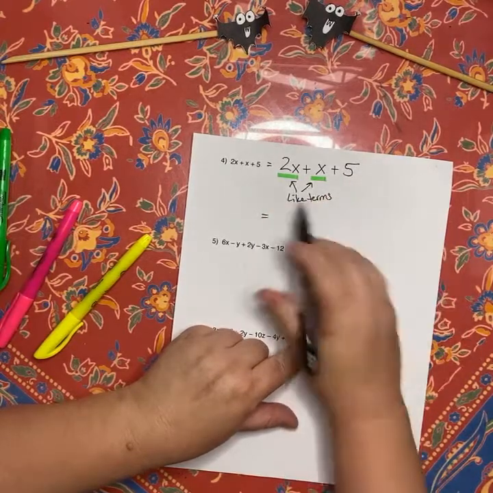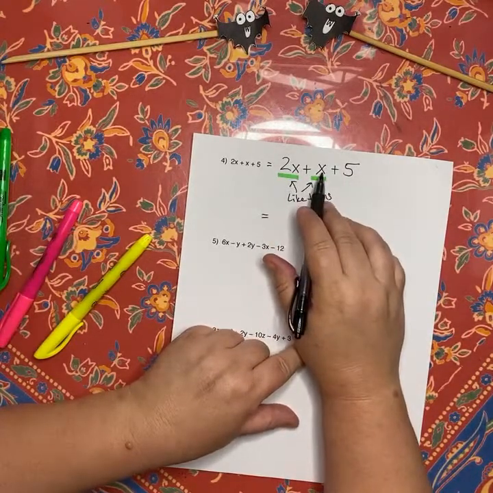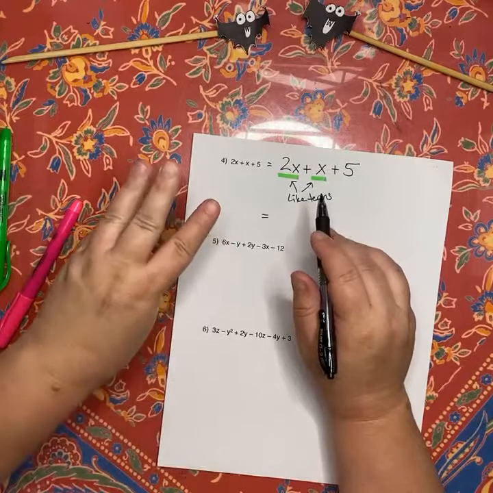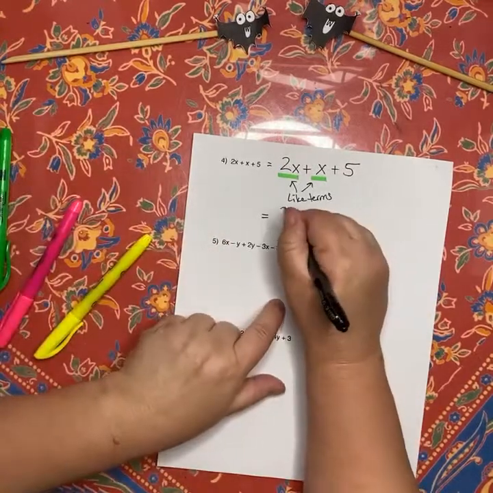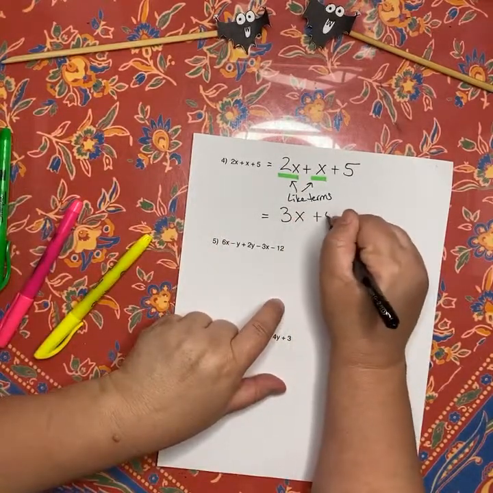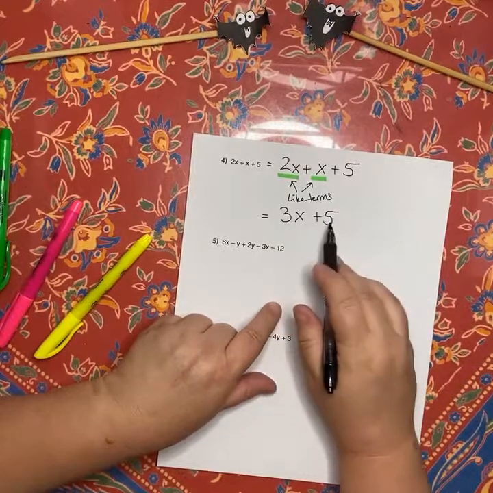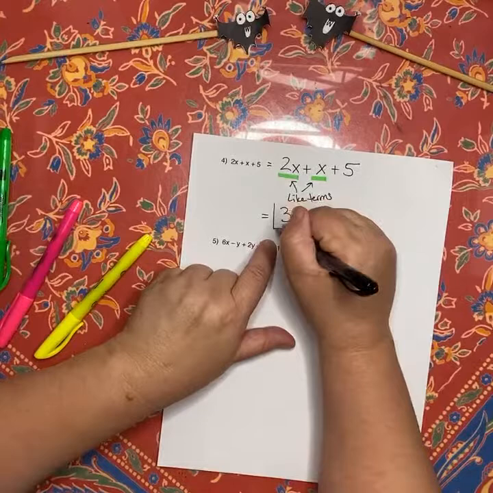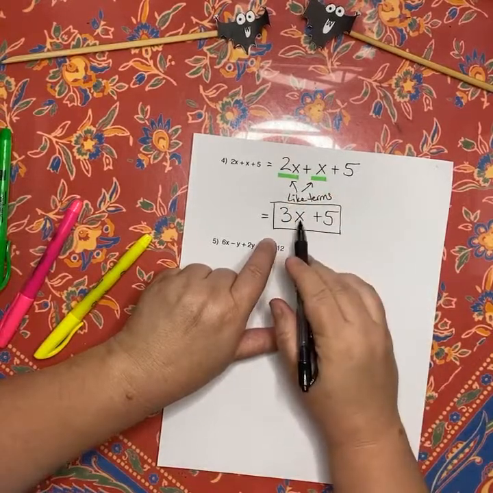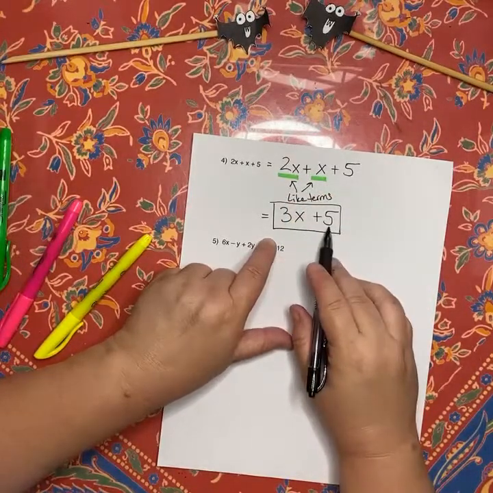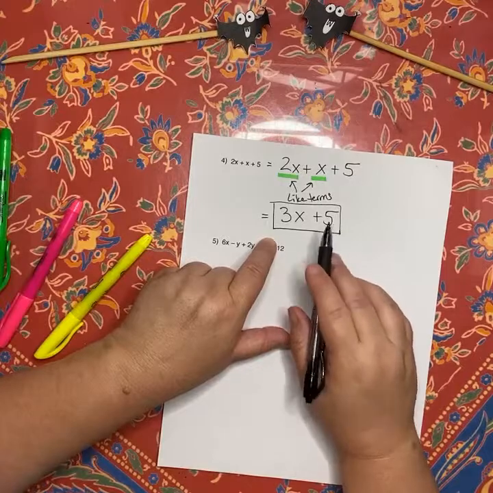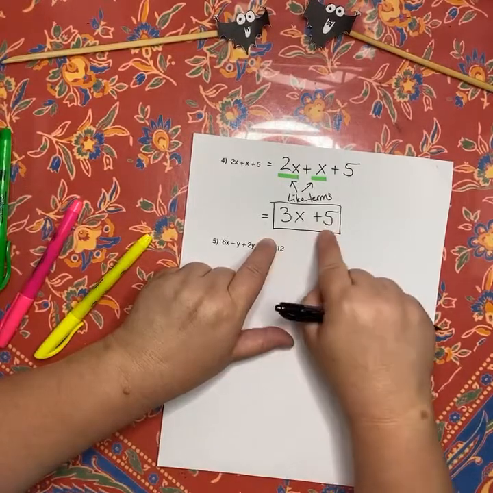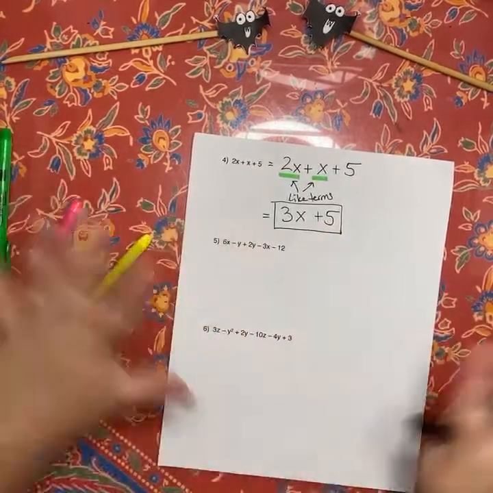So altogether, I have 2 x's plus another x, which gives me 1 plus 2 is 3. 3 x's plus 5. Now, can I add these two together and get 8? And the answer is no. You stop here because this 3 is describing x, and this 5 is just by itself. It's not 5x, it's just 5. 3x and 5, they can't be combined.